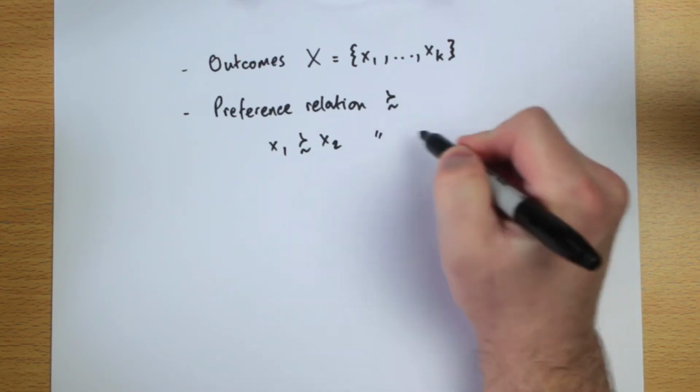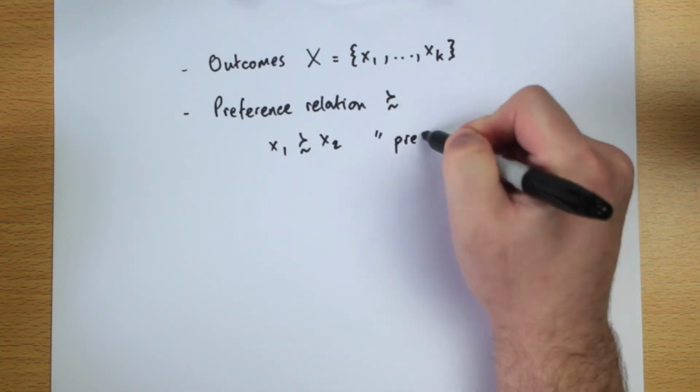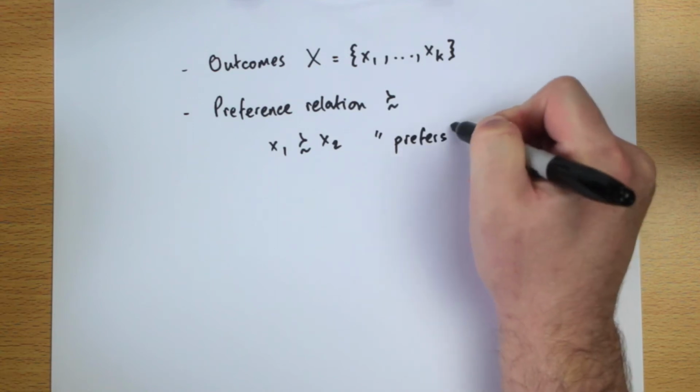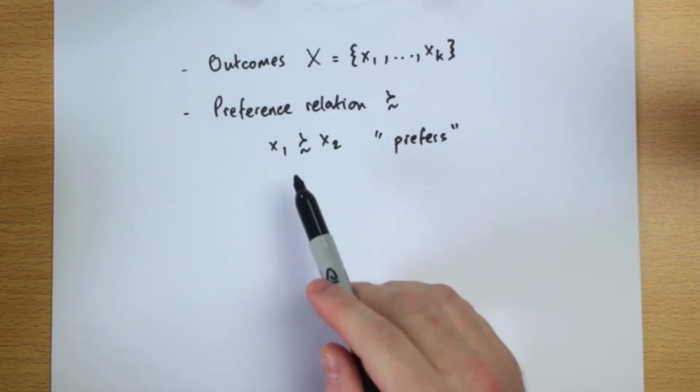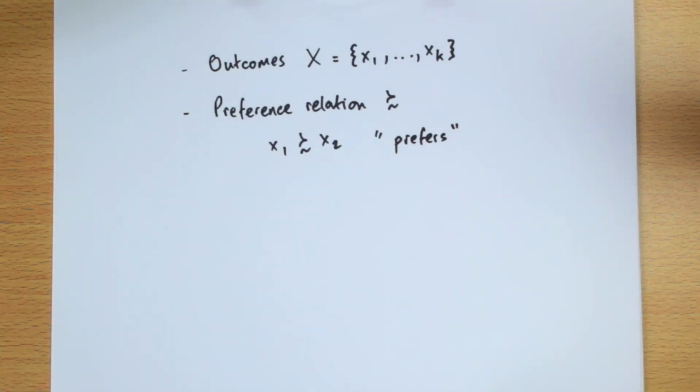Okay? So you should read this as prefers. And the basic assumption is the decision maker will choose the thing that they prefer the most. Okay, so when they look at any set of outcomes in different decisions, different outcomes might be available, and they'll choose the thing that they prefer the most.